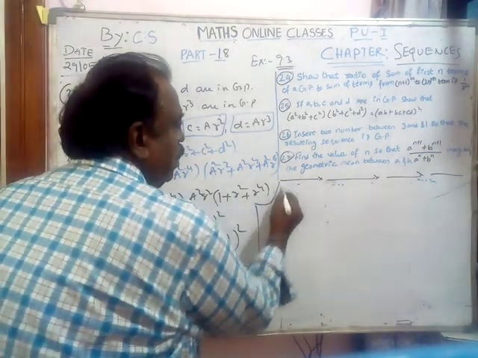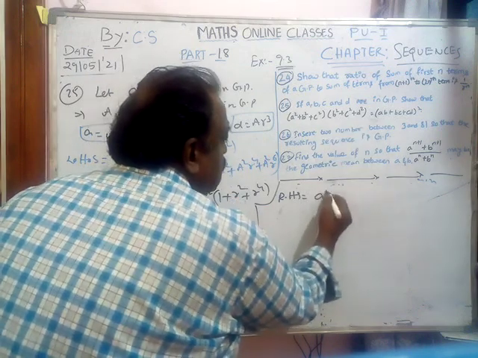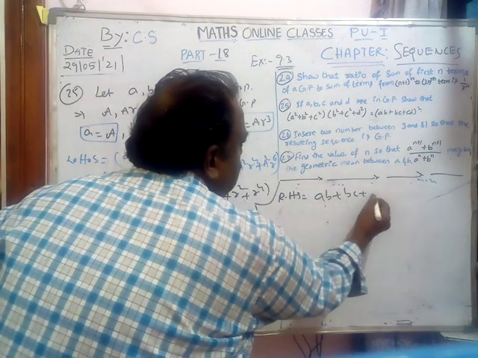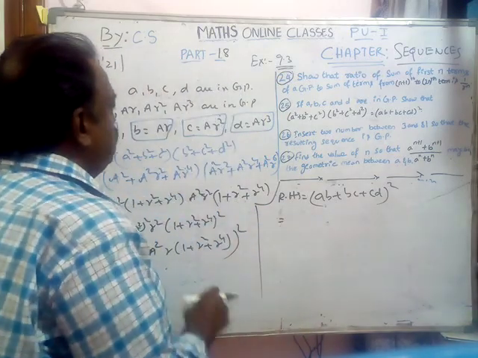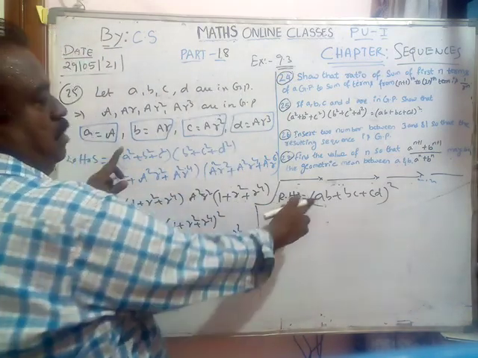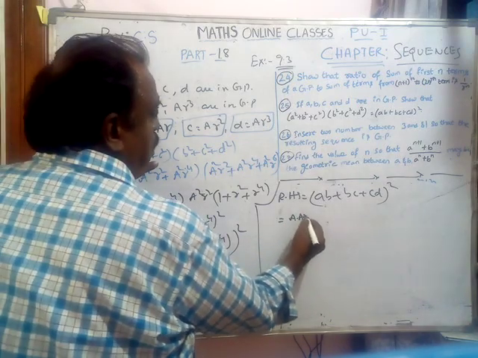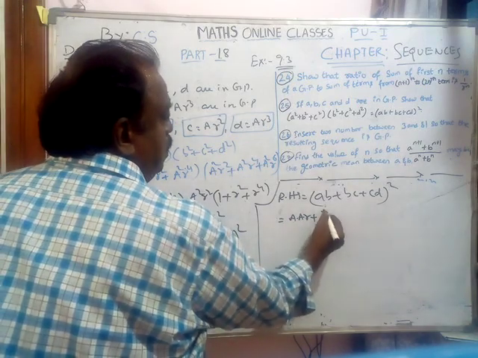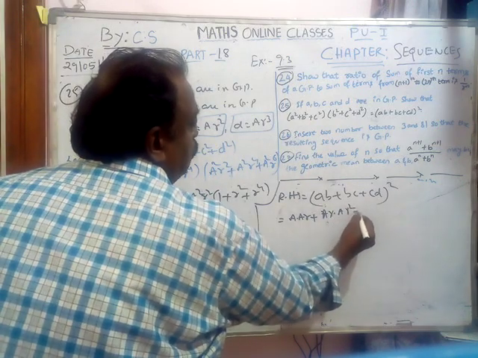Again, I am taking RHS. What is RHS? AB plus BC plus CD whole square. What is AB? A is capital A, B is again A R. What is B? A R, C is A R square.